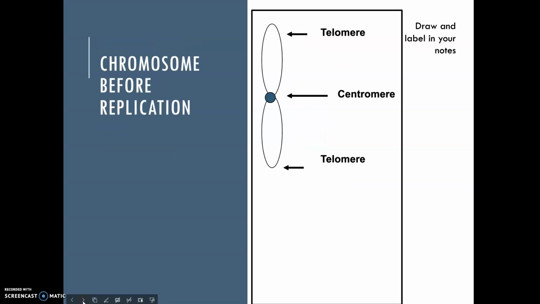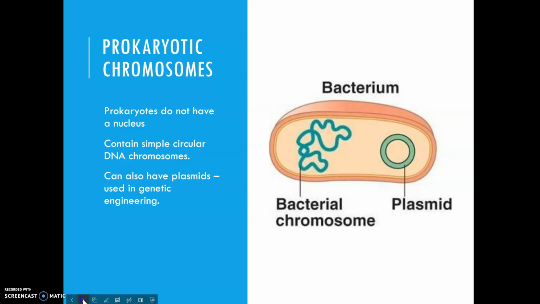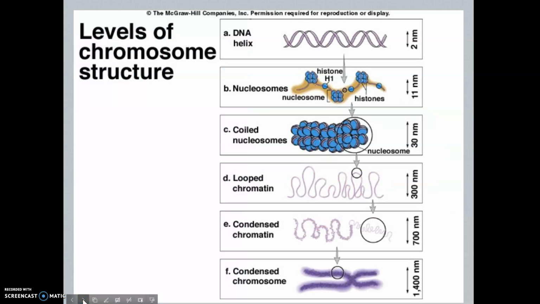So, a little bit about chromosomes, which form when chromatin starts to get really tightly wrapped around the histones. When it's all loose, we call it chromatin, but when it all becomes tightly coiled, and this is where I'm going to go back and just show you something, nothing to write, right here.